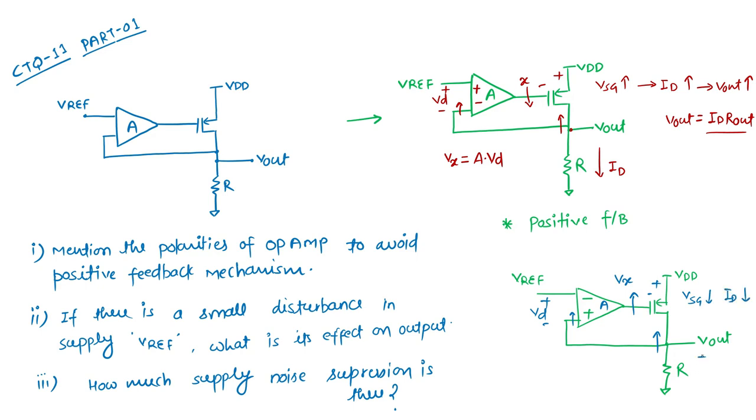ID reducing means this particular drop, which is nothing but IDR, is reducing, so this node is reducing, hence it is in negative feedback configuration. It is negative feedback. Okay, so this is our target, to get the negative feedback. Now our polarity is fixed. Okay, so now we want to calculate the gain. Our polarity is fixed, so this is my gain, negative, positive.